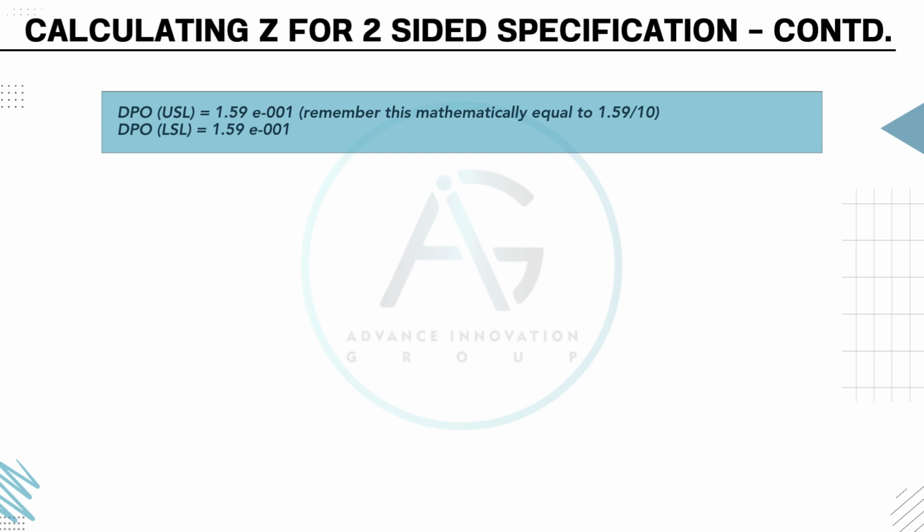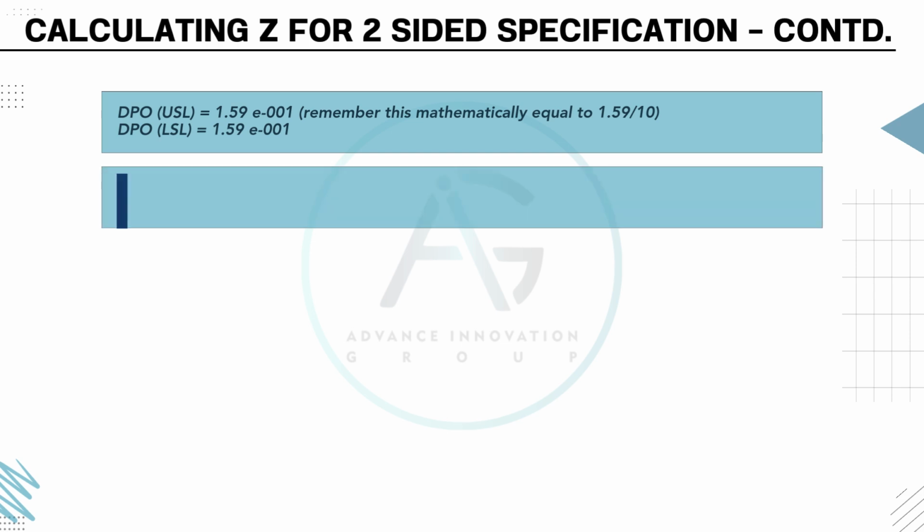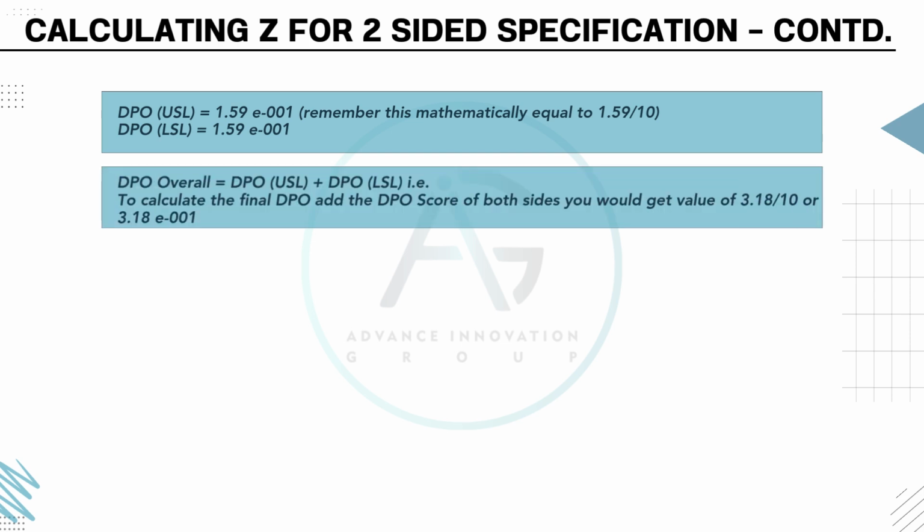DPO LSL equals 1.59 times 10 to the negative 1 power. DPO overall equals DPO USL plus DPO LSL. To calculate the final DPO, add the DPO score of both sides. You would get a value of 3.18 per 10, or 3.18 e to the power of negative 1.